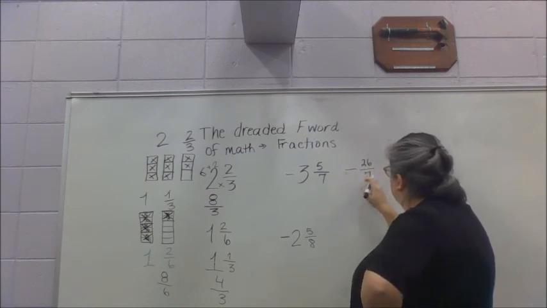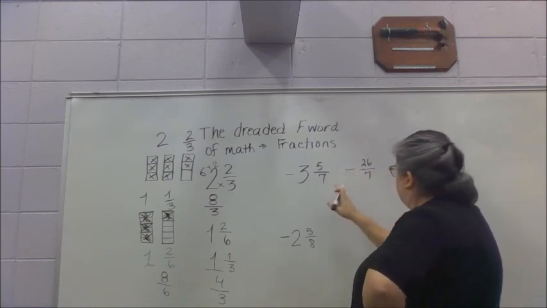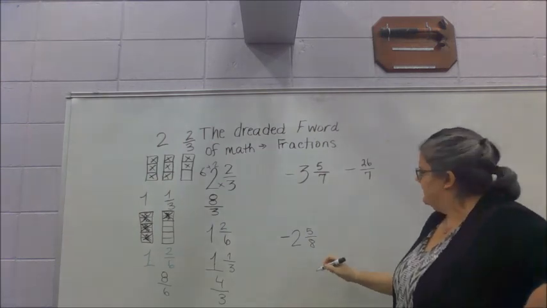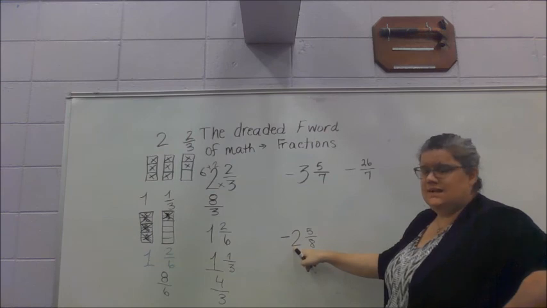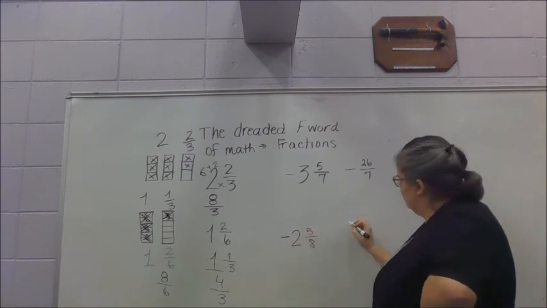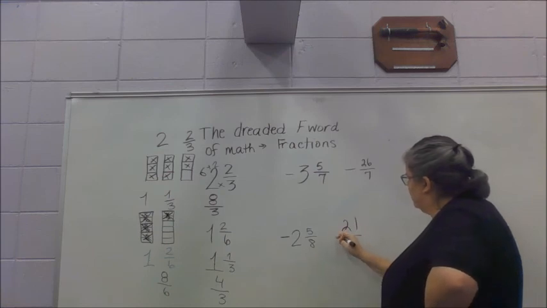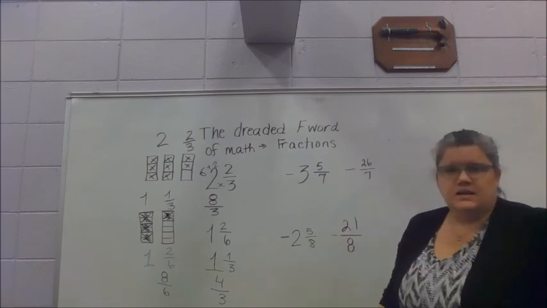So negative 26 over 7, because I put that negative symbol in line with my fraction bar. Here I'm going to do 8 times 2, which is 16, plus 5, which is 21 over 8. And again, I'm just going to put that negative sign in line with the fraction bar.